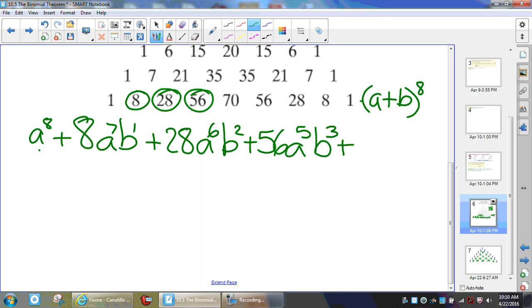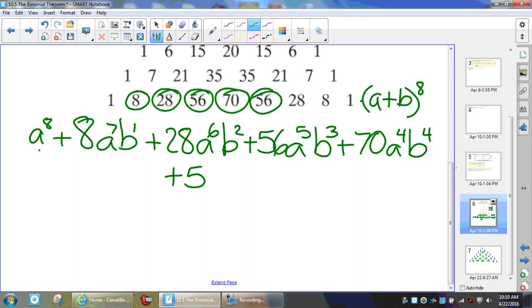And then plus 7. A to the 4th, B to the 4th. And the next one will be plus 56, A to the 3rd, B to the 5th. And remember, every time you add the powers of each term, they should add up to 8. Okay? So what will be the next one, Brandon? 28.